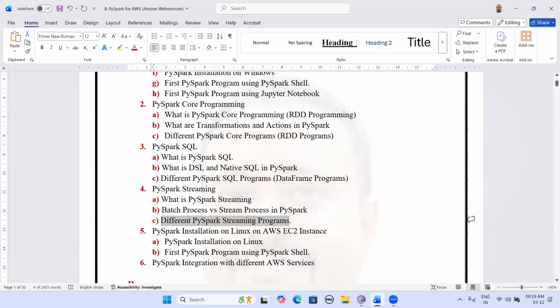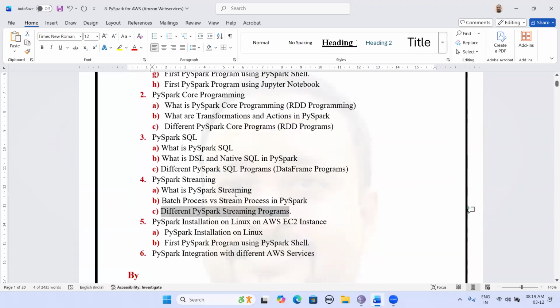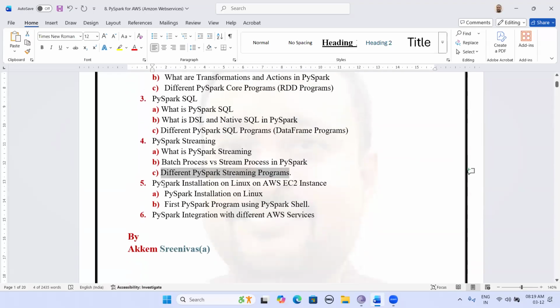Once we complete this process on our development machine, Windows, then we are going to set up PySpark on Linux on AWS EC2. And we are going to see first PySpark program using PySpark shell.